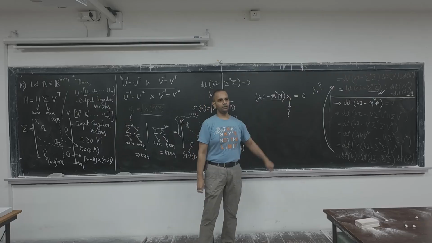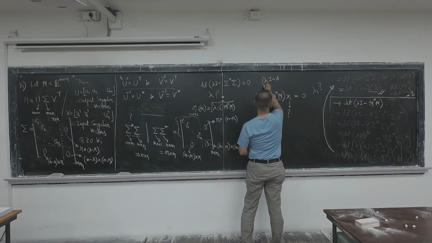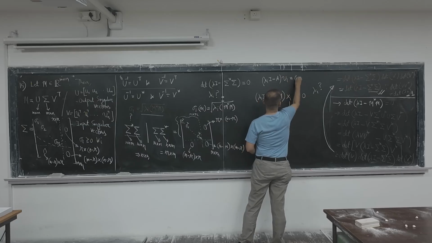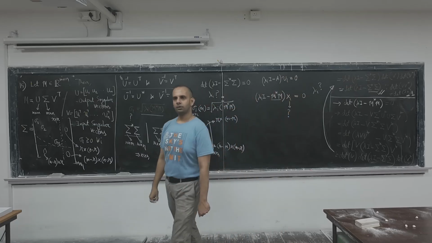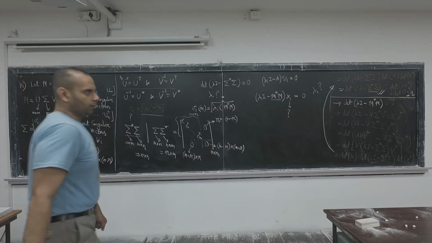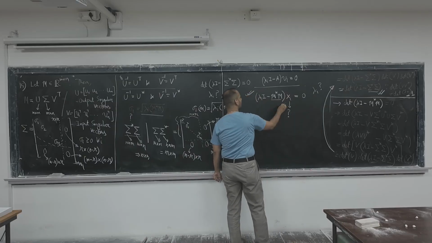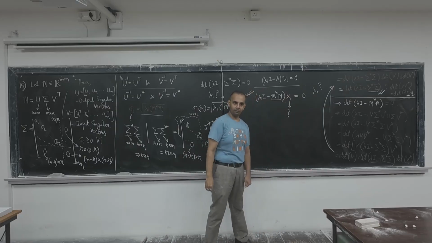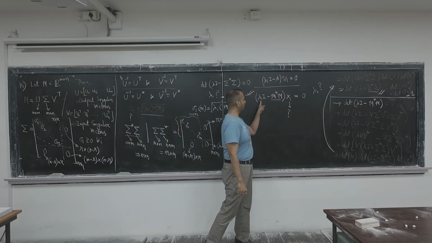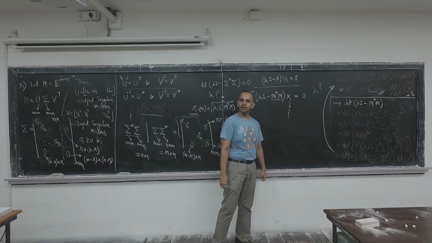Because earlier, the usual way is that when you write lambda I minus A into vi and equate it to 0, and then find the solution of vi, that gives you the eigenvector corresponding to lambda I. Similarly, if you now use this equation, the eigenvectors which you are going to have are the eigenvectors with respect to the eigenvalues of M star M. And the eigenvalues of M star M mean the square of the singular values of M.